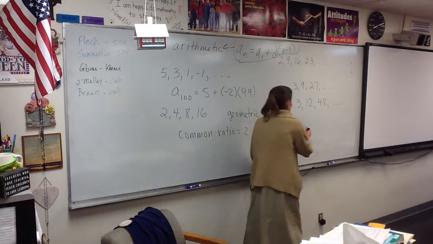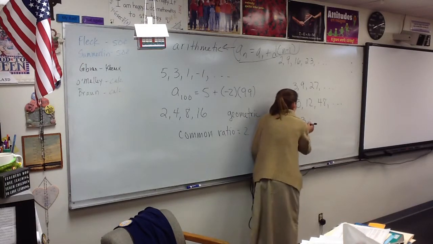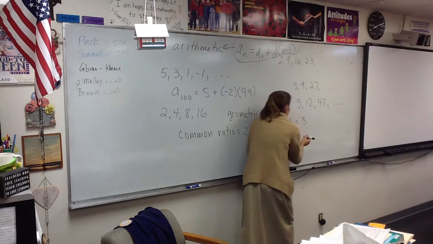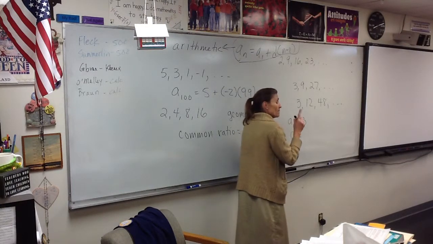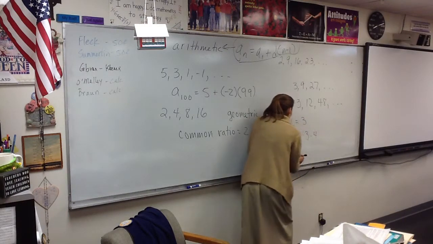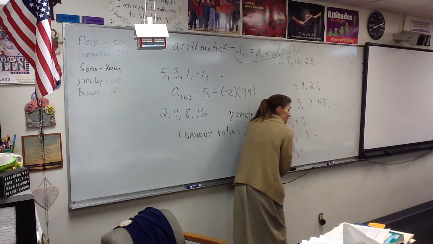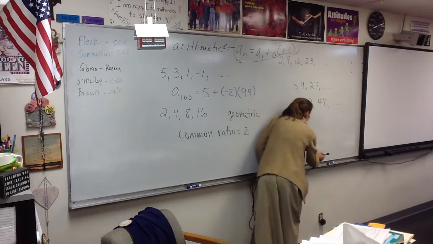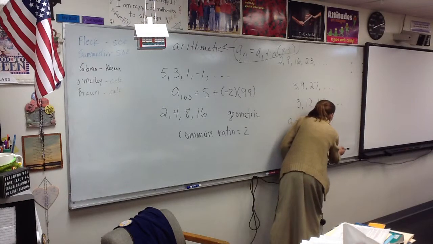Well, let's analyze it. The first term is 3. The second term is 12, but it's found by doing what? 3 times 4. The third term is found by taking 3 times 4 times 4, which is 3 times 4 squared.